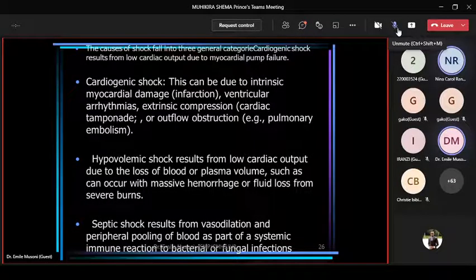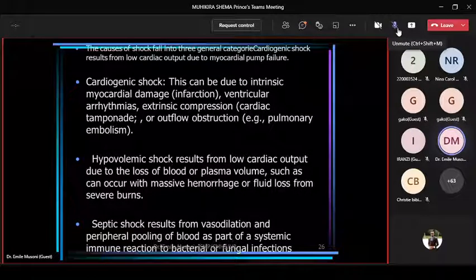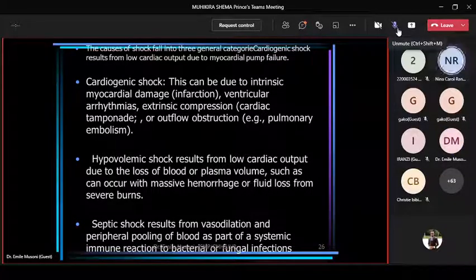You must know, it can be reversible or irreversible. When it is irreversible, there is death. But once you treat those bacterial and fungal infections, it can be reversible. Once there is necrosis, it is irreversible.